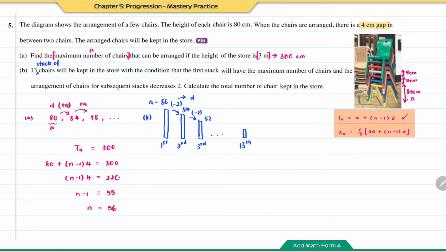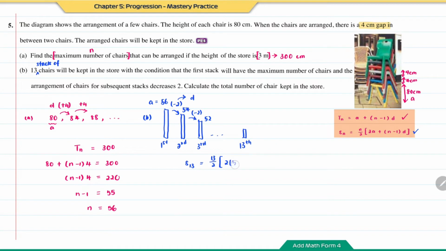When you want to find the total number of chairs, we're going to use this formula, the Sn. Now we know that we're going to have 13 stacks of chairs, so n is equal to 13. So S13 equal to 13 over 2 bracket.